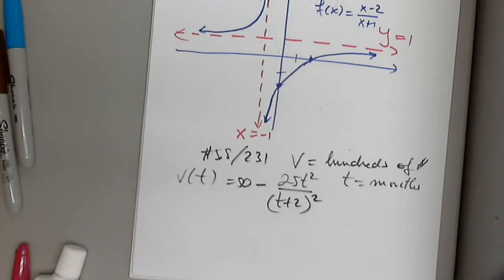So now I will immediately ask you what type of function is this, and you would have to say, absolutely, it has a ratio and it has the variable in the denominator. It must be a rational function. So let's read on. Find V of 0, V of 5, V of 10, V of 70.